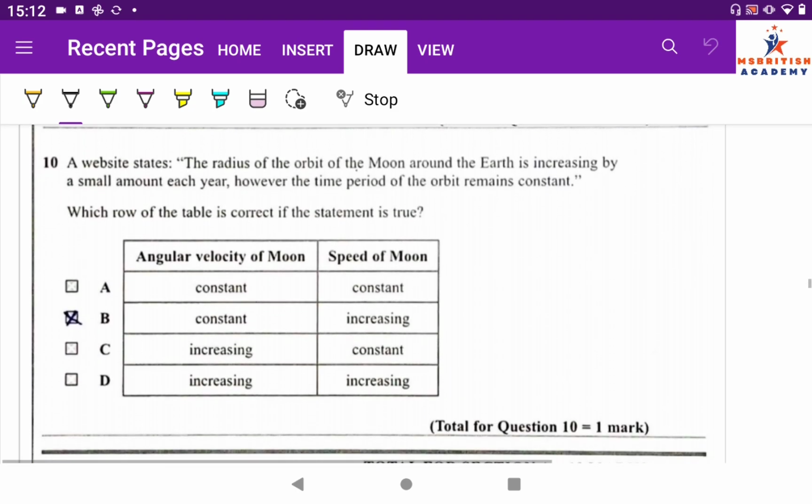Now question 10. A website states the radius of the orbit of the moon around the earth is increasing by a small amount each year. However, the time period of the orbit remains constant.